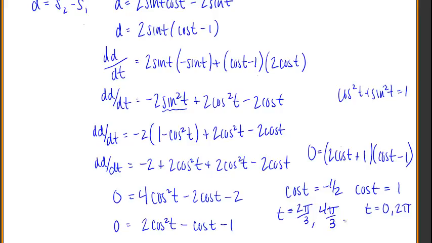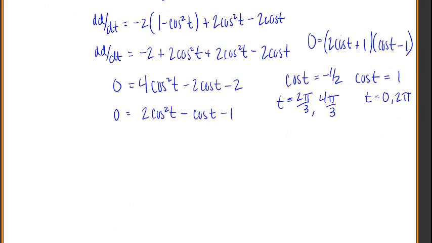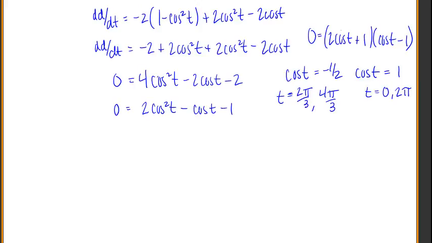Let's put these on the derivative interval. So we're going to look at d prime, the distance prime. We have critical points of 0, 2 pi, and then we also have 2 pi over 3 and 4 pi over 3.